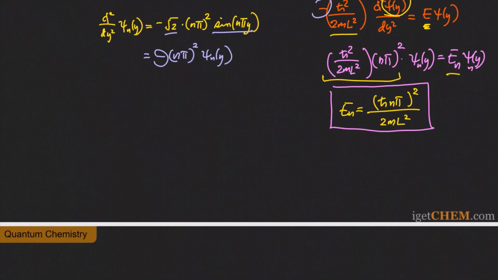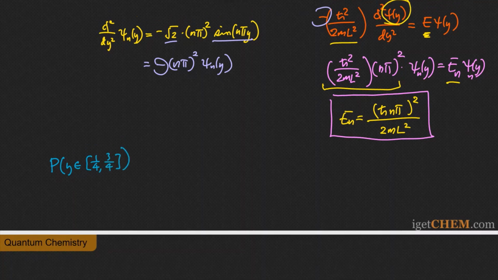So what we want to do is to find the probability of the particle within this region that is bounded to the left by 1/4 and bounded to the right by 3/4.